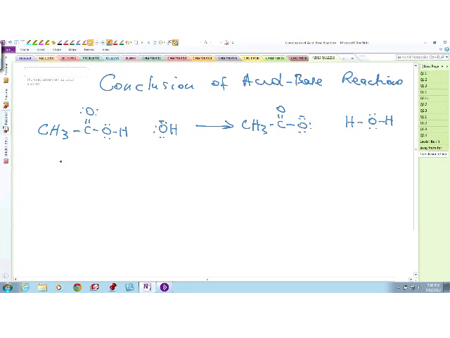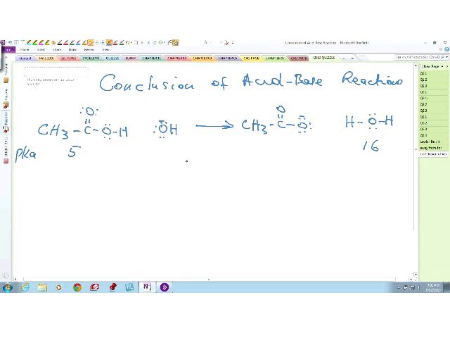We gave you a table of pKa values. We know the pKa of acetic acid is about 5. And on this side, since this is the other acid here, the pKa is about 16 for water. Now what I want to tell you now is very important.